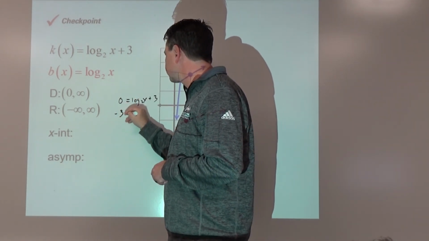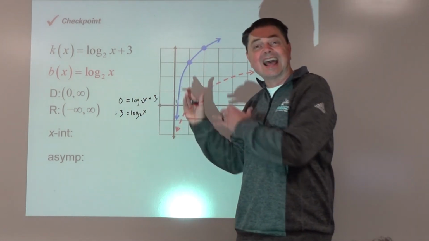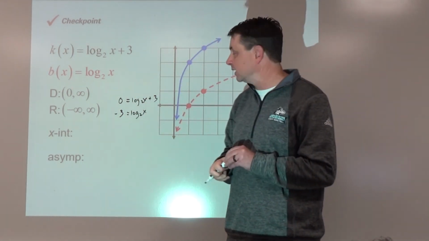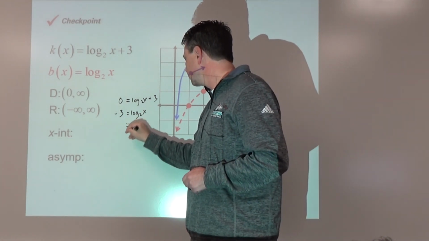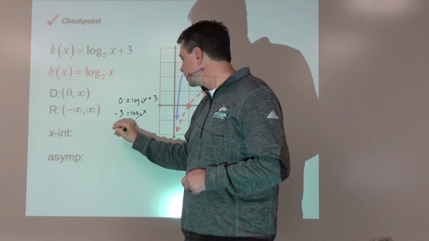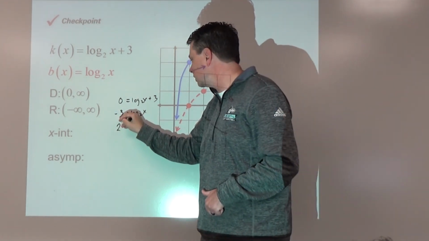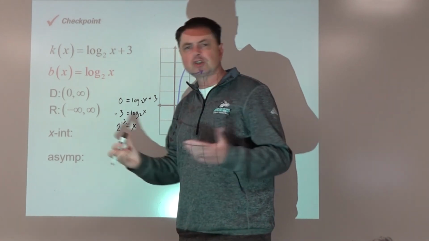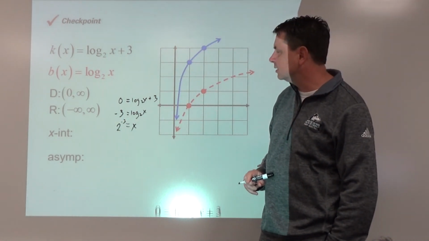Subtract 3 from both sides. Now let's rewrite it out of log form into exponential form. We're going to move the base. So the 2 moves to the other side. It's the base, and that's going to bump up the negative 3 as the exponent. What is 2 to the negative third power? It's going to be our x-intercept.